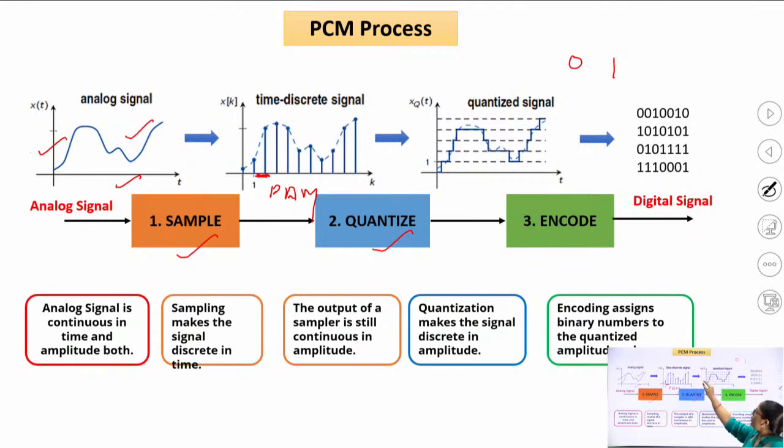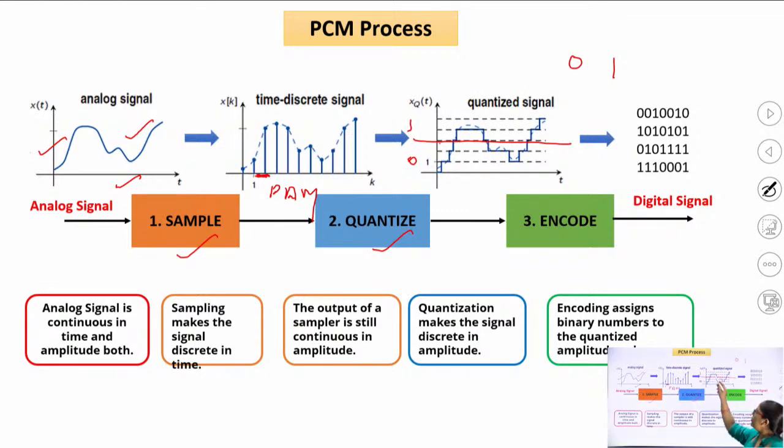Then we have to divide this entire amplitude range into only 2 levels. Let's say I have divided this complete range of our information into these 2 levels. The signal falling below this line will be encoded as binary 0, and the signal falling above this level will be encoded as binary 1.